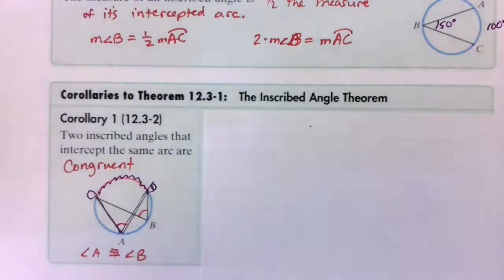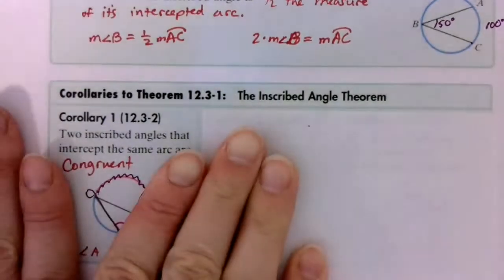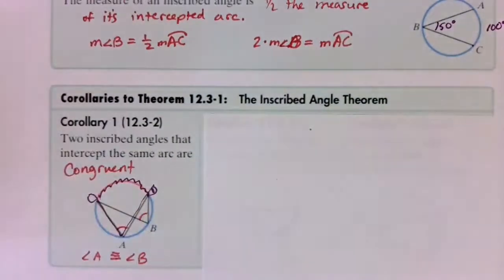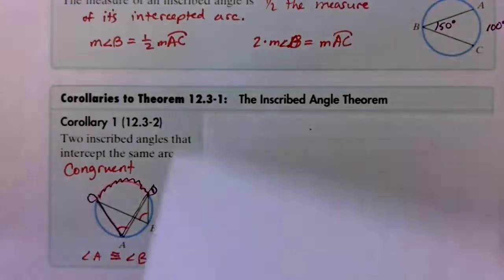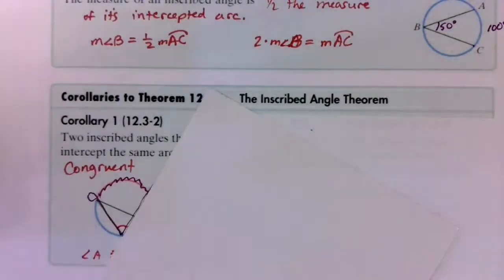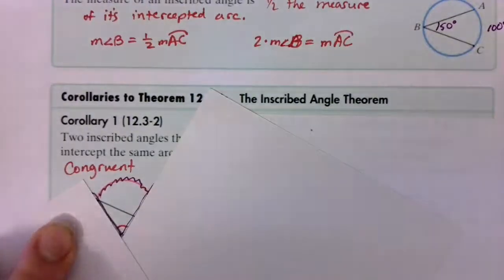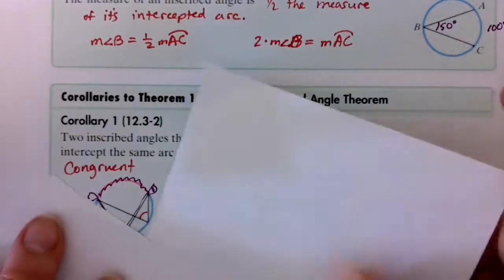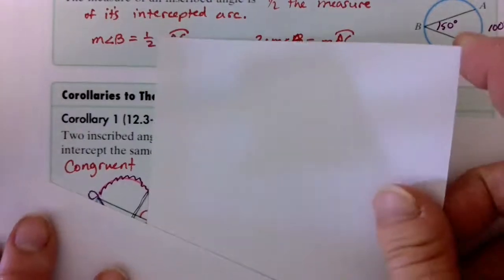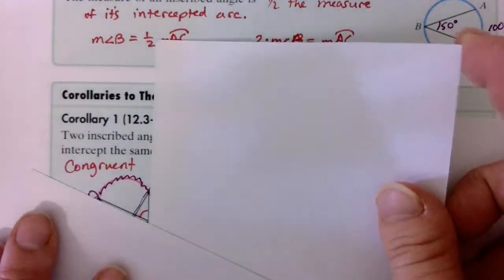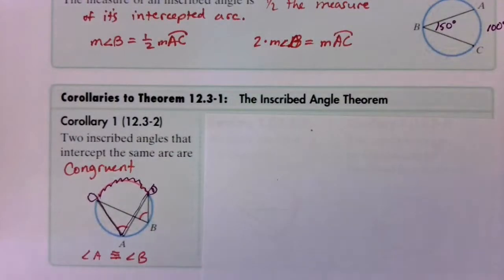Sometimes I like to cover up the sides there. Sorry, that noise was my desk drawer. I was getting note cards out here. So sometimes I like to do this and cover up the rest of the circle. So that arc is the arc that's inside my angle there. And then if I go to this other angle, well, guess what? It's the same arc that's inside of that. So therefore, they have to be congruent to each other.